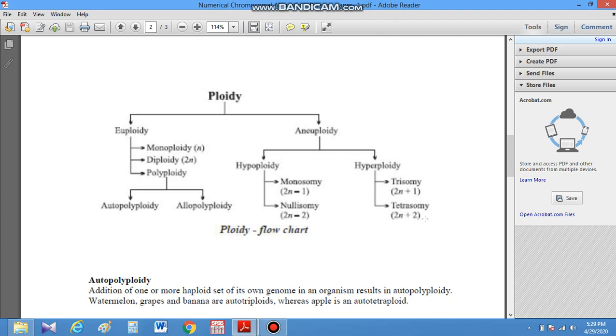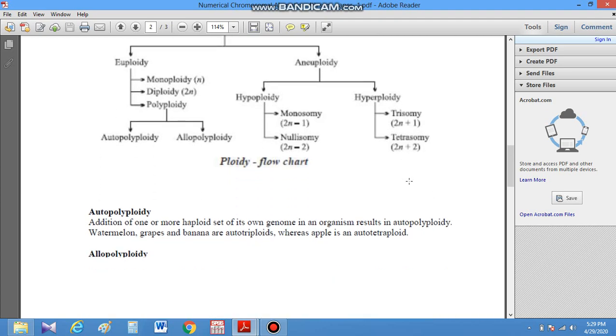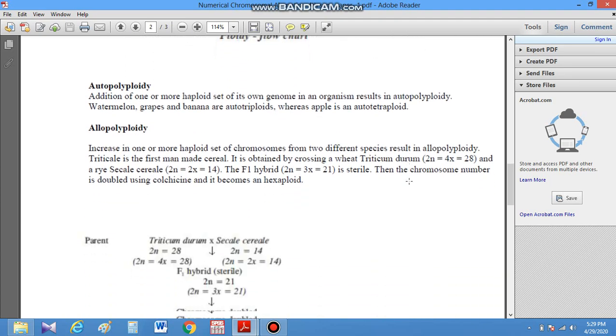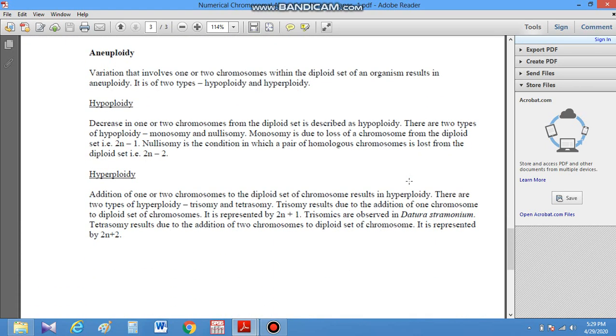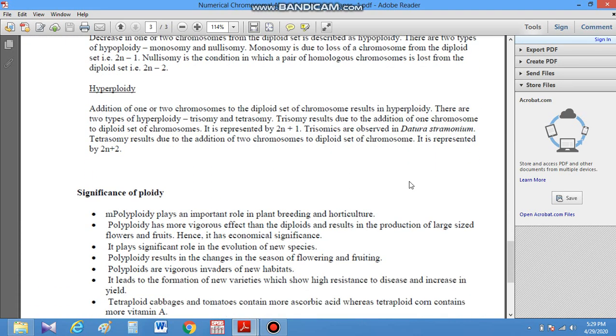So we have discussed here euploidy and aneuploidy. Now we will discuss the significance of this ploidy, how it is important. It is very important. It plays an important role in plant breeding and horticulture. Polyploid crops are large in size.